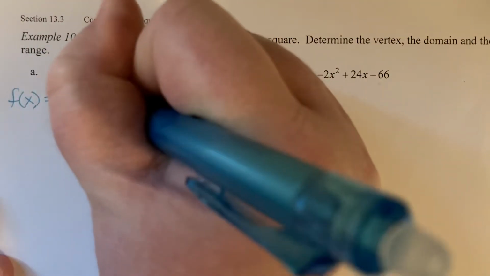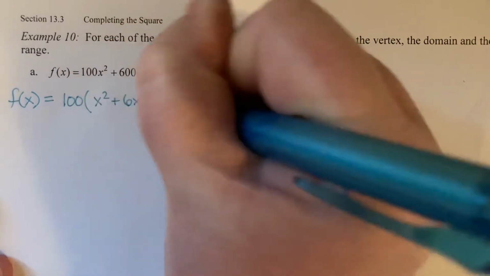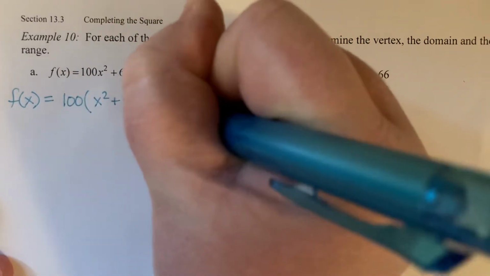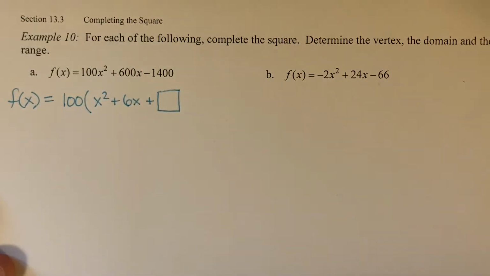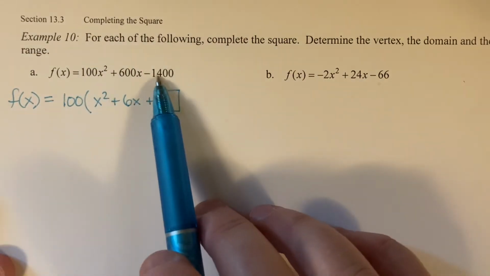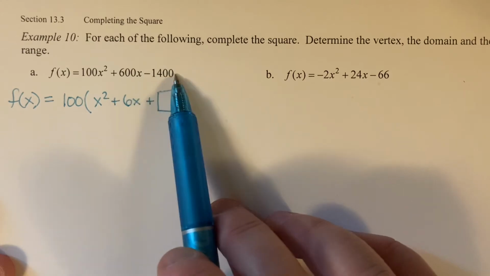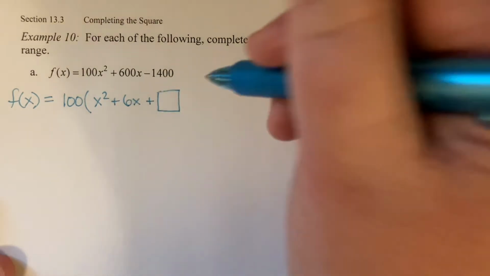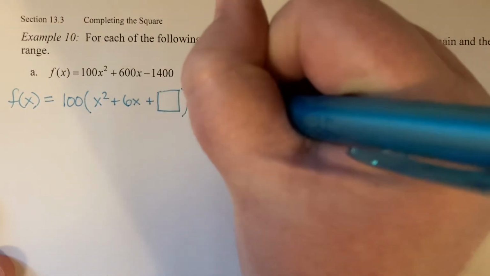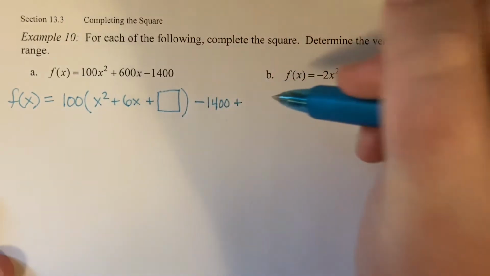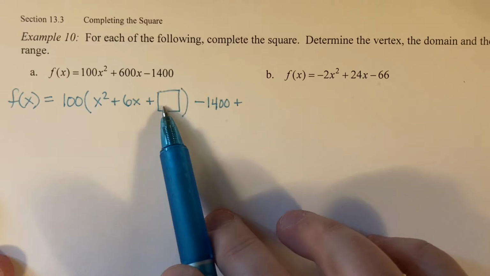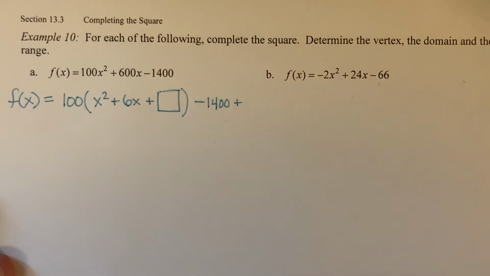I'd have x squared plus 6x, and then this is where we're going to add something to make it a perfect square. Now, instead of including the minus 1,400 in the factoring, I'm going to view that as just outside the parentheses, because I need that k.